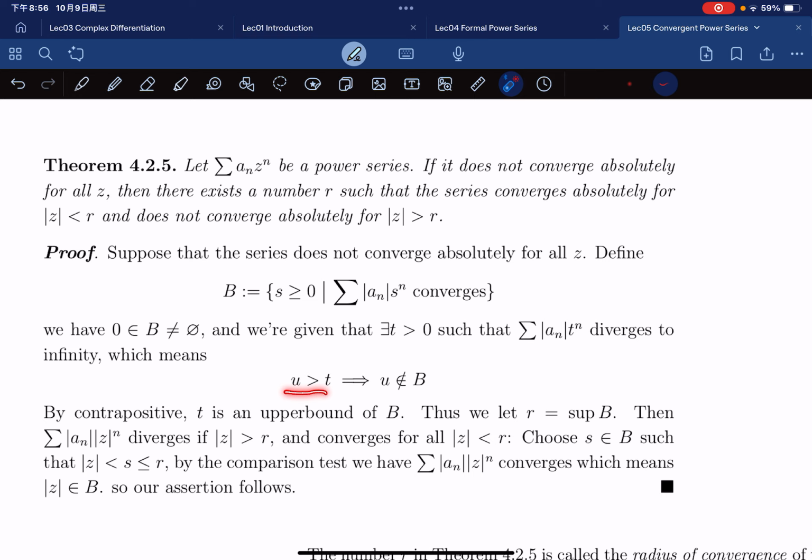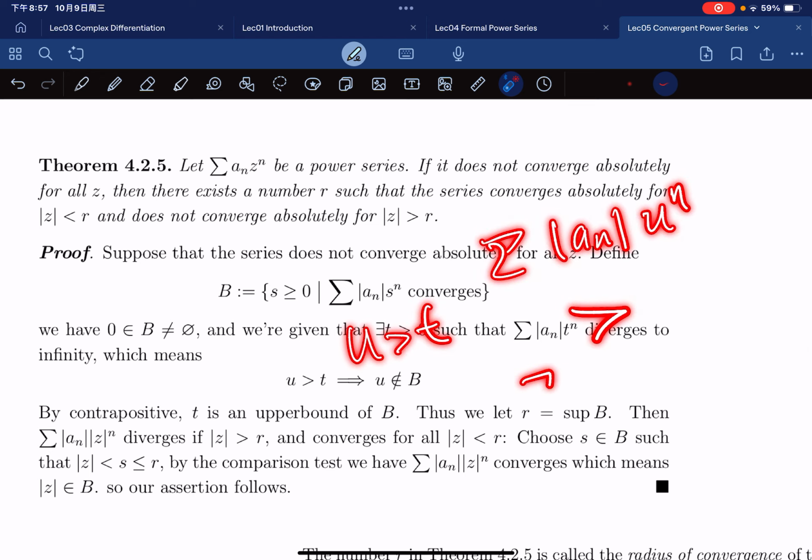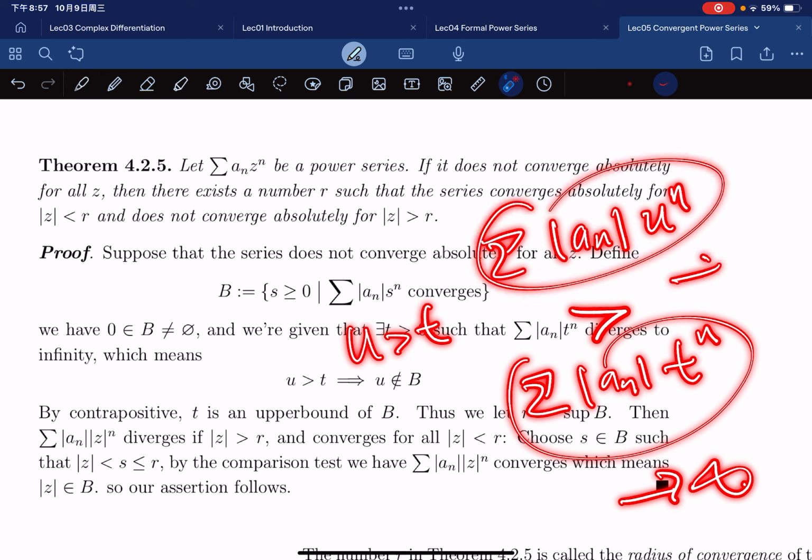Which means that if U is greater than T, then U will not be in B, right? Because U is greater than T, then all the |a_n| U^n will be greater than |a_n| T^n. But remember, this already goes to infinity, so this will go to infinity too.